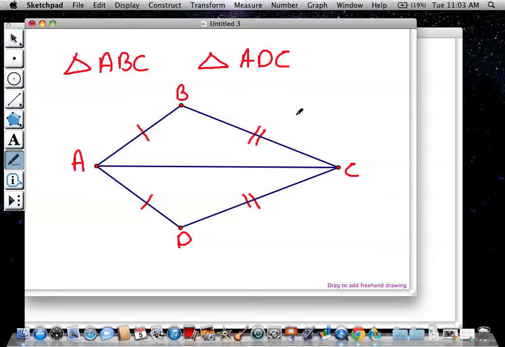Now all I need is one extra side. Notice they share AC. So if they share AC, then that means that they are congruent to one another. AC for triangle ABC is the same thing as AC for triangle ADC. So since the sides pair up with everything here, we can say that this triangle is congruent by side, side, side.